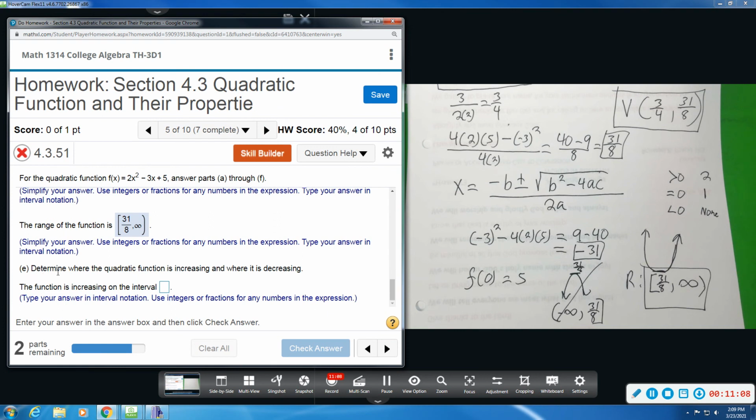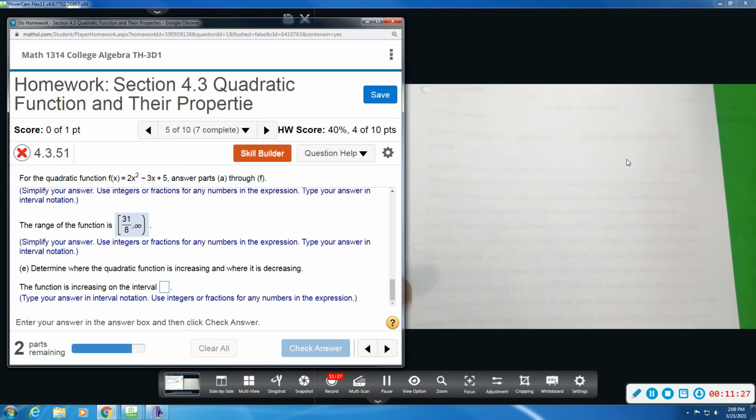All right, so E wants to know where the quadratic function is increasing and where it is decreasing. We read our graph going left to right, just like I would read a statement. I start on the left and I read right. A graph is read the same way. We are focusing on the x-axis. So let me do this again.